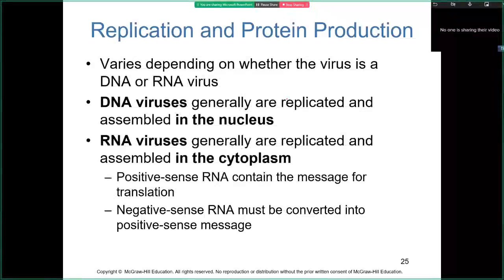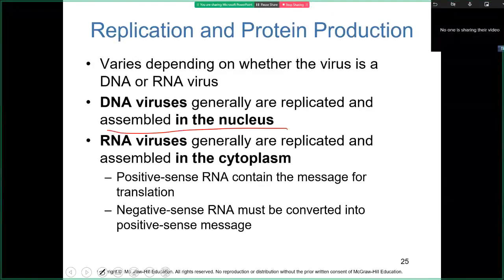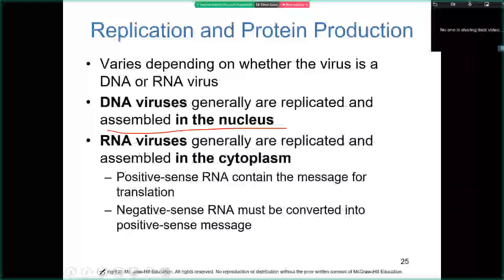So DNA viruses generally go to the nucleus, and it's there then that the DNA is going to be processed. It's going to be used to make messenger RNA, which then is translated into protein. There's a little bit of a lag there then between when the virus enters and when it has its effect. So it's going to take some time for that to happen.